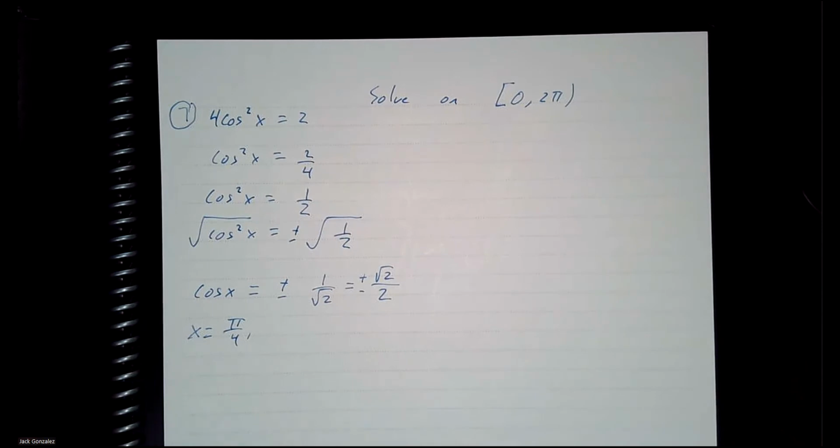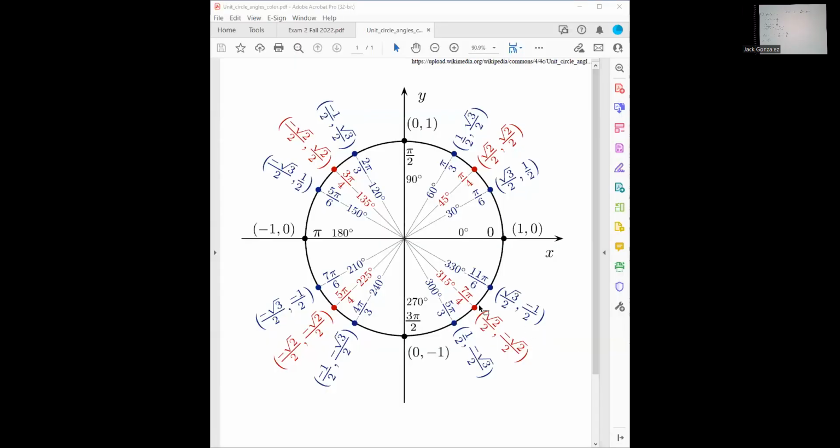Let me pull out the circle so you can see it. All right, here it is. The square root 2 over 2 for cosine is the x value. So pi/4, and because it's plus or minus, 3 pi/4, 5 pi/4, 7 pi/4.